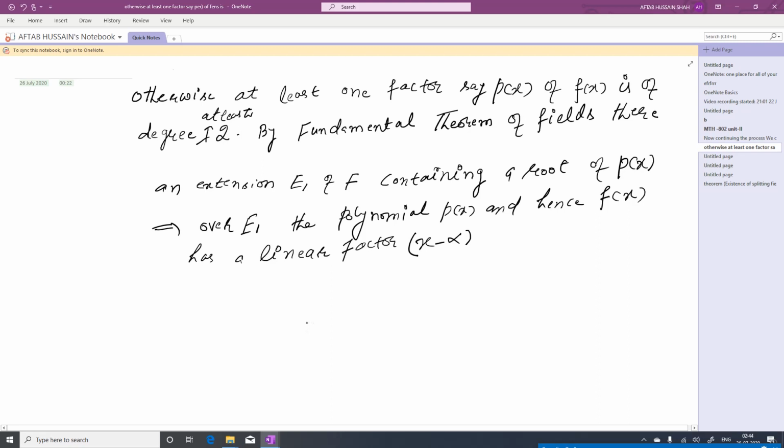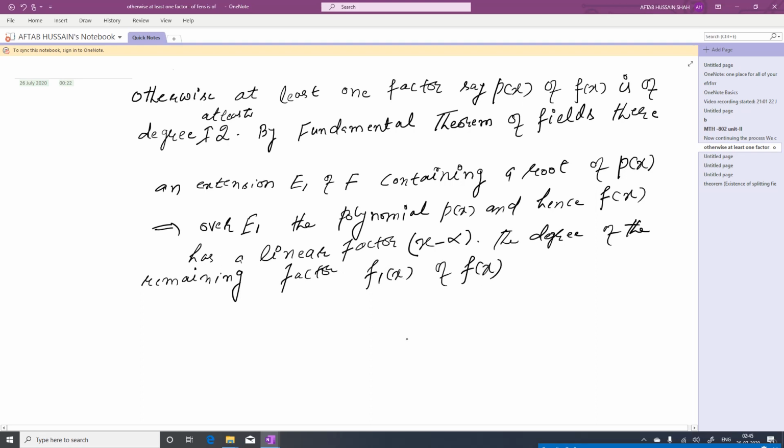Now the degree of the remaining factor, say f1(x) of f(x), is n minus 1.